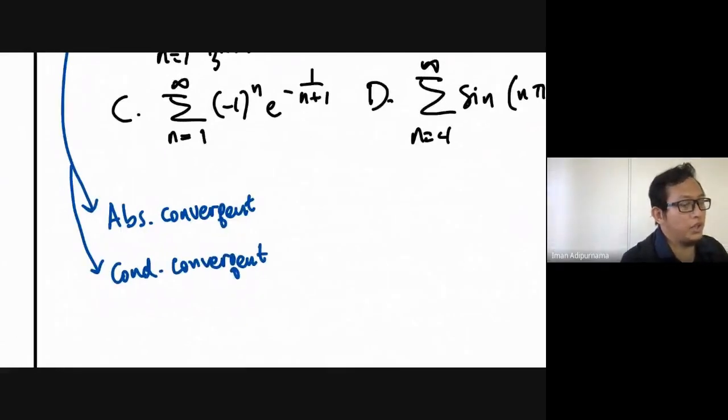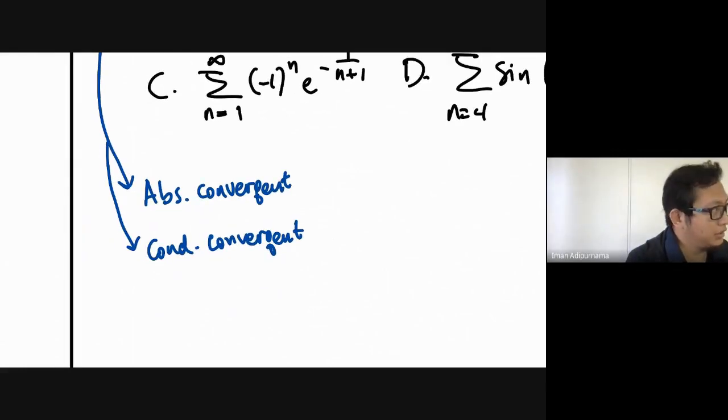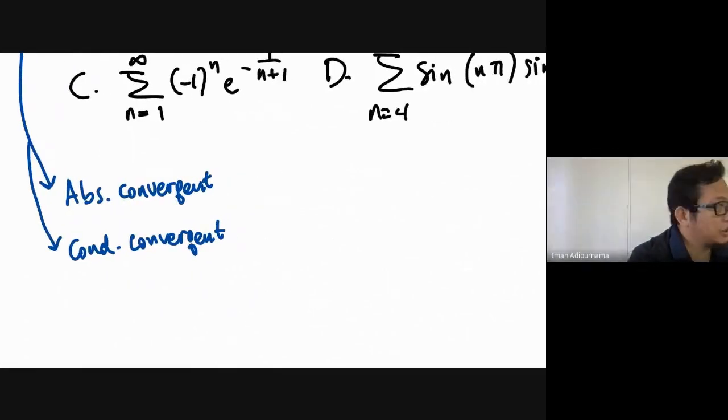In alternating series, we learn these two terms, right? What does it mean? Absolute convergent is when you have a_n, and you have the absolute value of a_n.